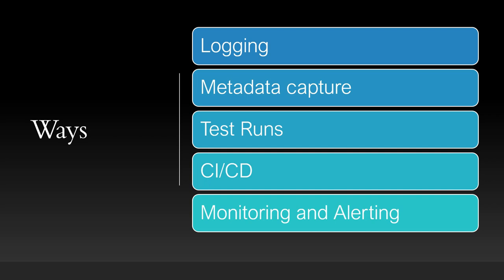Then test runs. It is extremely important, before going into production, to do test runs multiple times with different scenarios of data for my pipeline, because most of the time the data that we get in the dev or UI test environment is not exactly equal to production. It is very important to have an environment where we can have almost similar data to what is going to come in production.